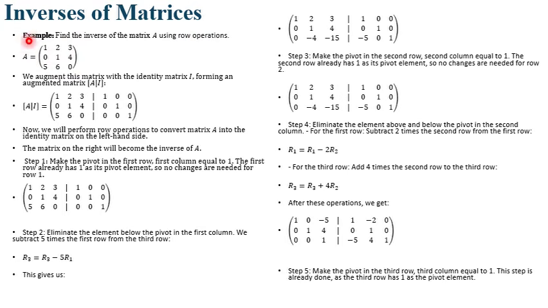So this is matrix A, and these are the elements in matrix A. So the first step here will be to augment this matrix with an identity matrix of equal number of rows and equal number of columns.